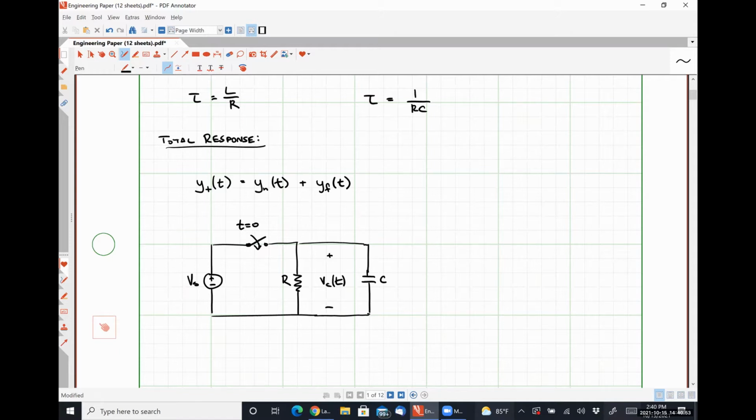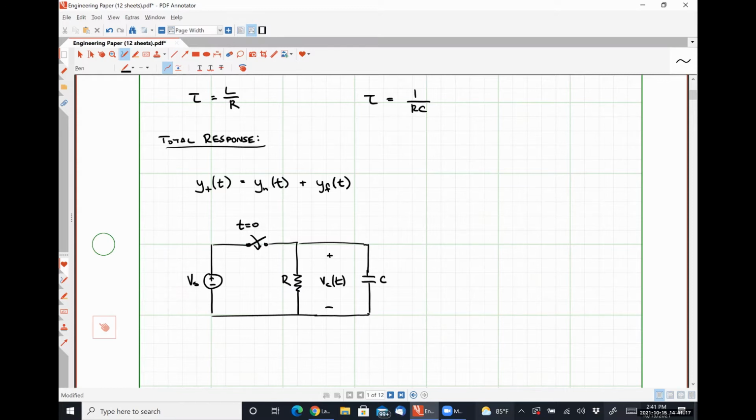At t equal to 0 minus, the voltage source is not connected to the resistor and it is not connected to the capacitor. So we should expect to see that there is no voltage drop over the capacitor and there are no currents or anything flowing around the right-hand side of the circuit, right? It's disconnected, so why would there be?